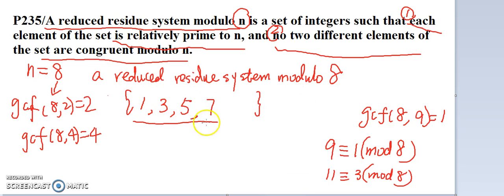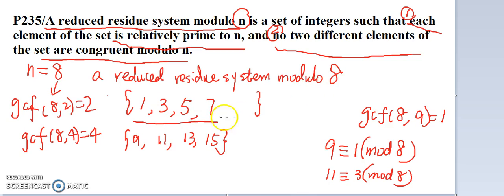But you could pick a different system. For example, instead of picking 1, 3, 5, 7, I can pick 9, 11, 13, and 15. That's also a reduced residue system modulo 8.